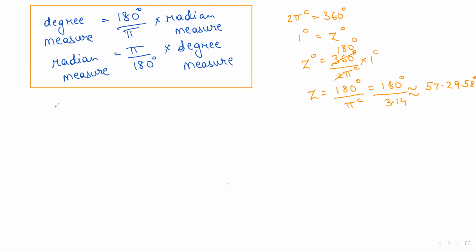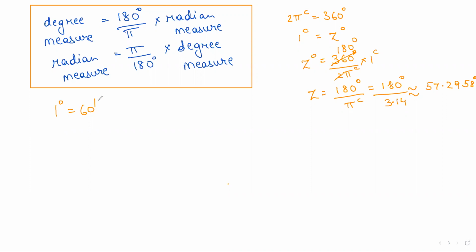Now, in degree measure, 1 degree can further be split into smaller measures. 1 degree is equal to 60 minutes. This dash, which looks like an apostrophe, is called minute. It has a similar meaning as minutes in time, but we will keep them separate as of now.